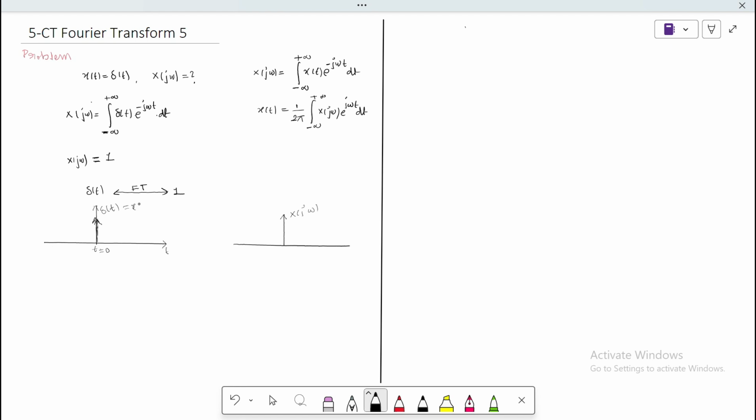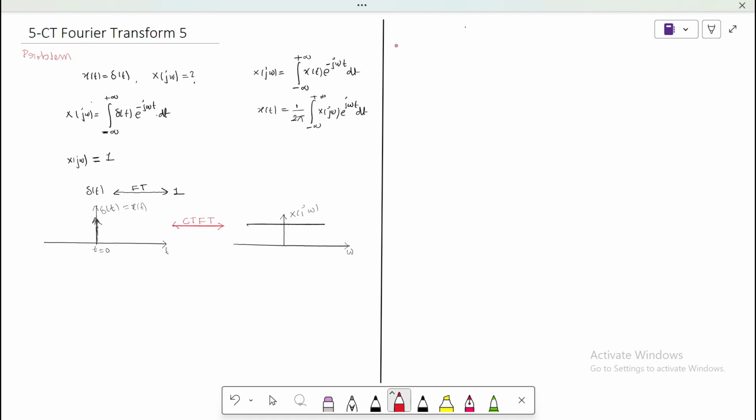For example, this is x of t. So x of t is impulse. So X of j omega equal to 1. So X of j omega versus omega. For all values of omega, it should have the magnitude equal to 1. This is a DC line. Continuous time Fourier transform. So this is the case.